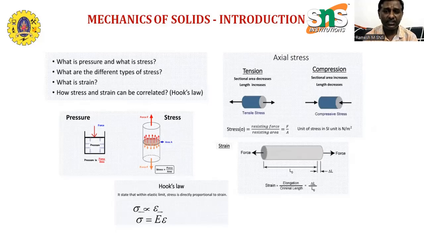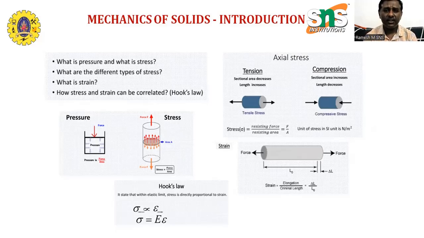Strain can be defined as the change in dimension relative to the original dimension. That means if you are taking length, how much the length is increased or decreased relative to the original dimension is called strain. Actually, we have two types of strain.